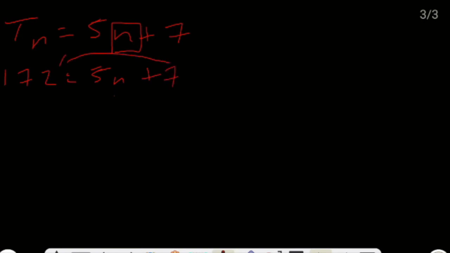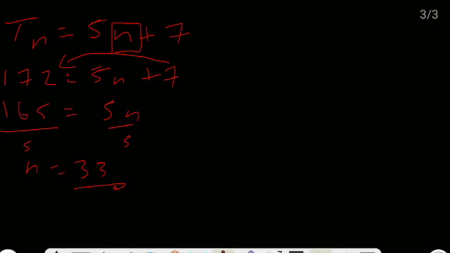If I take the 7 to the other side, it's going to be 172 minus 7, which is 165, equals 5n, and then I'm going to divide throughout by 5, and then n would be 33. So those are the number of terms that you have in that linear pattern.